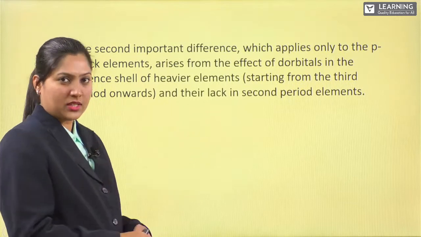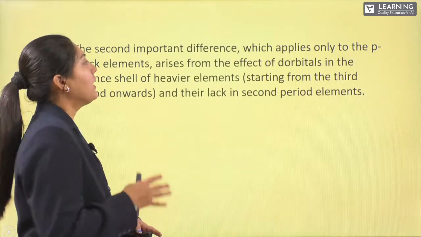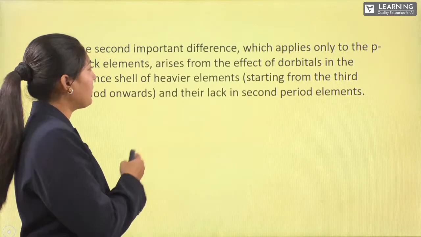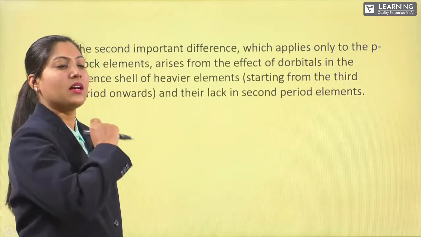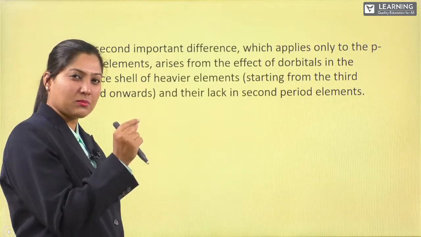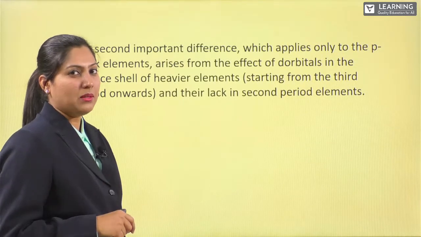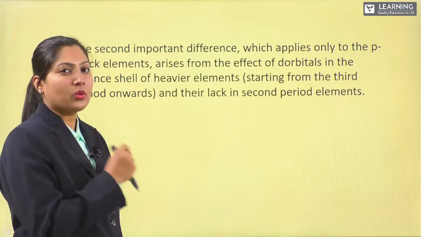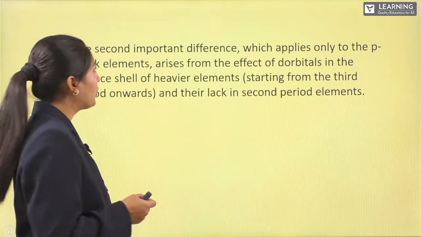Because they are the first members of the S block elements, and hence they differ from other elements due to the size effect. Same thing happens with the P block elements. The first members will be very small compared to the other elements, and that size differs the properties of those first elements in each group.